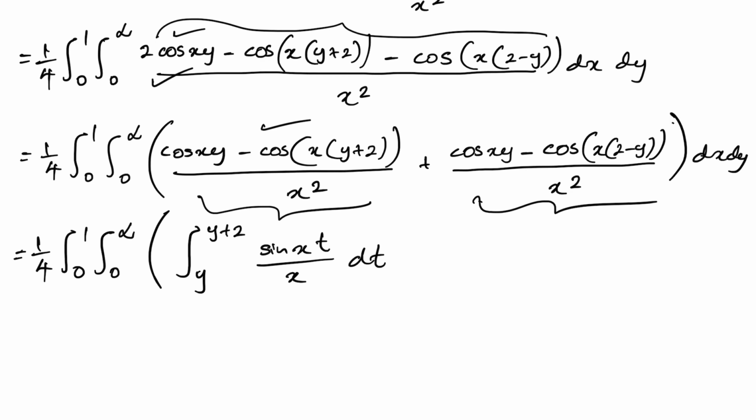So we have again from y to 2 minus y of sine of xt over x dt times dx dy.